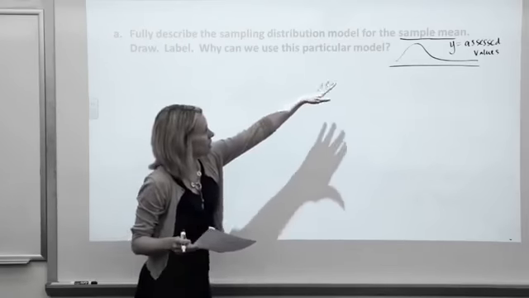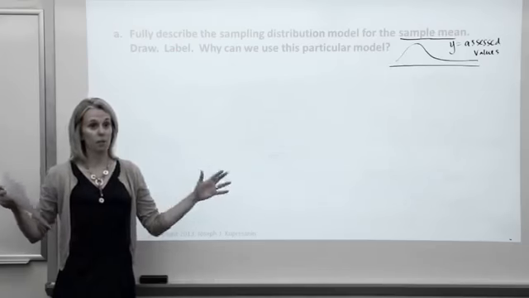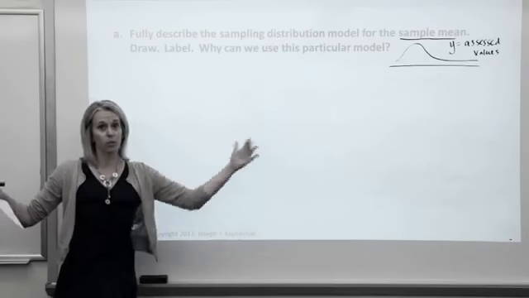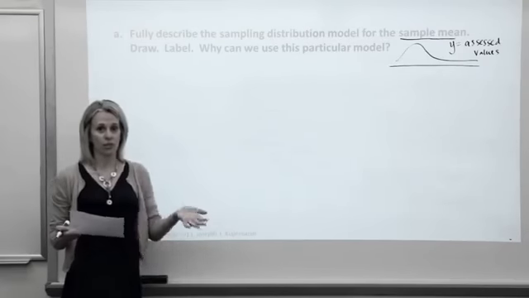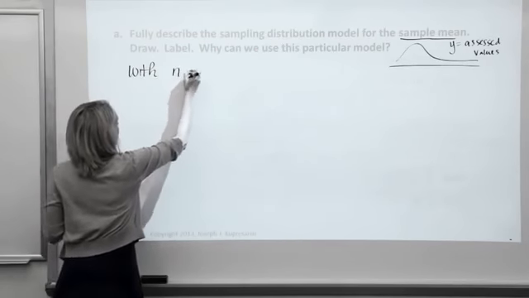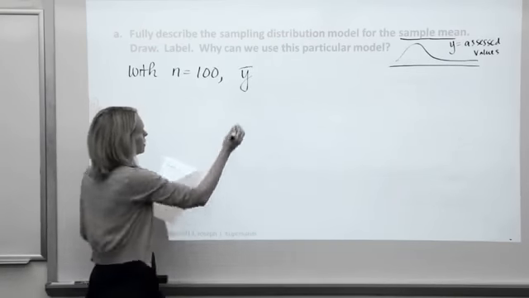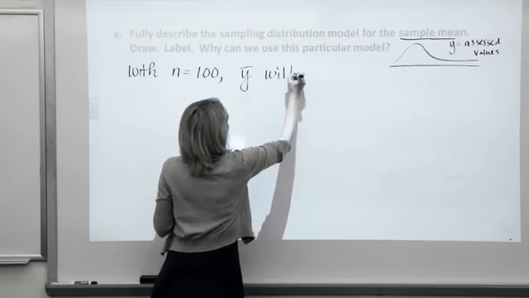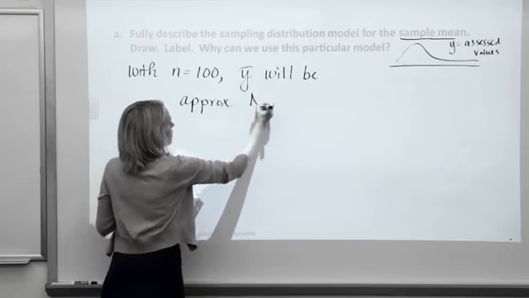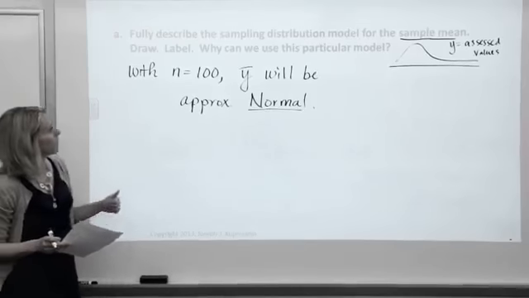Despite the fact that the population follows a distribution that's not normal, that's skewed, because our sample size is large, 100 homes, the distribution of the sample means will follow a normal model. And hopefully we've shown you some of that with some simulations in class. So with the sample size of 100, the sample mean will follow an approximate normal model. So that's the first thing.